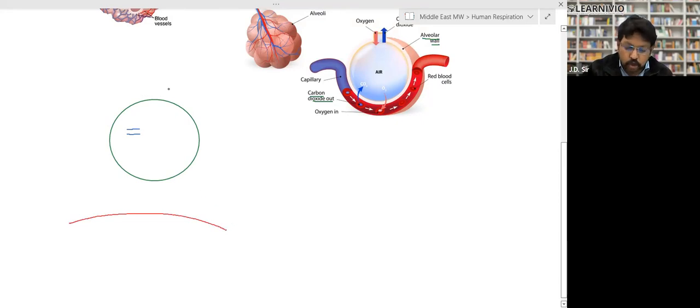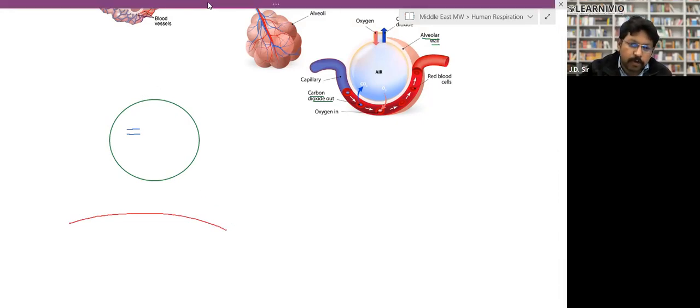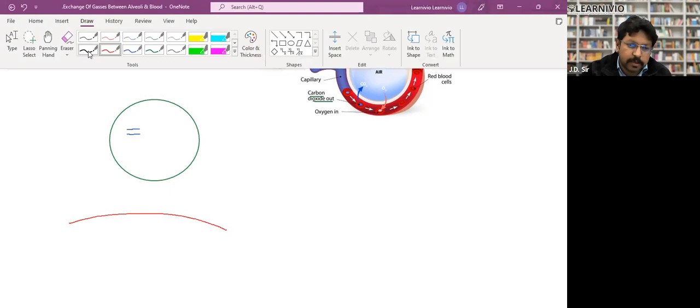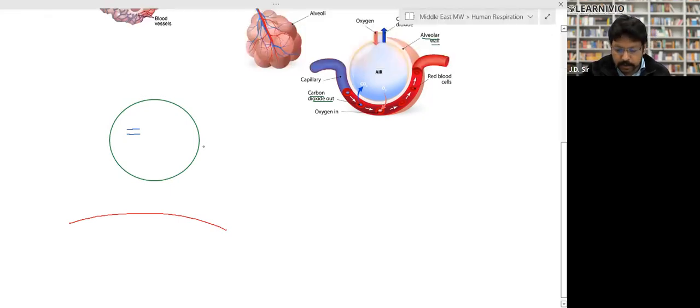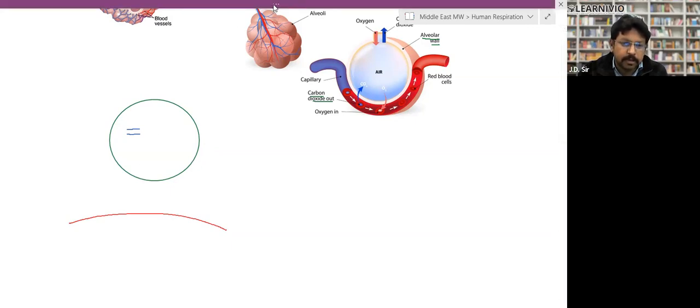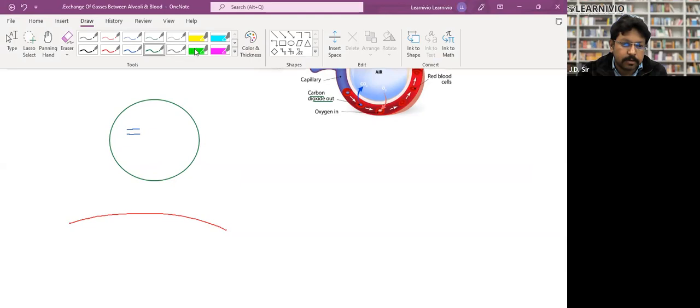right? So when we are talking about the alveoli, there are many layers of the alveoli. The outermost layer of the alveoli, what do we call that? Look, the outermost layer is called the basement membrane. Let me make it more clear.